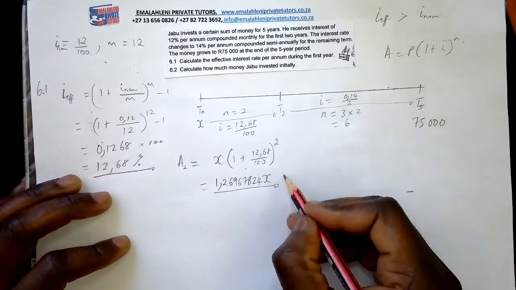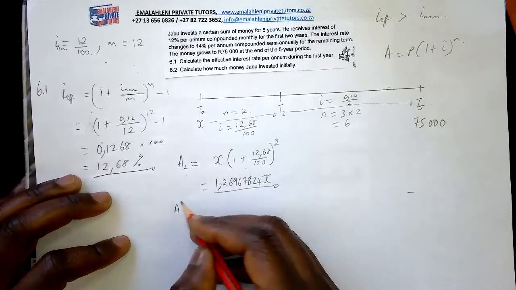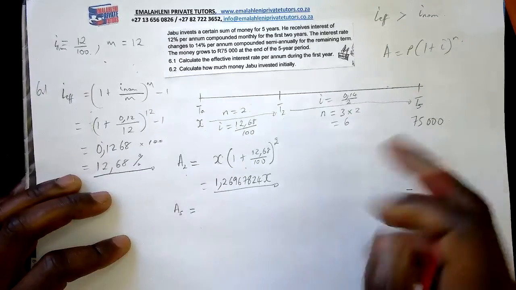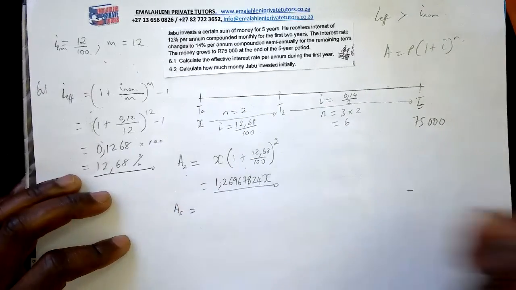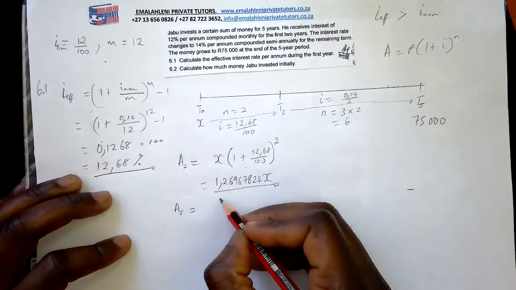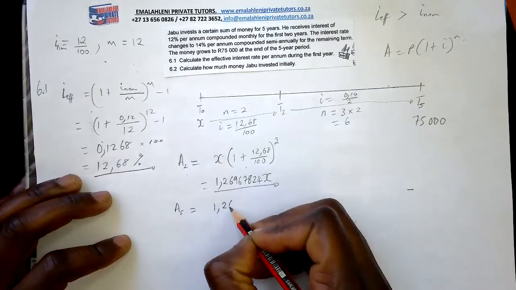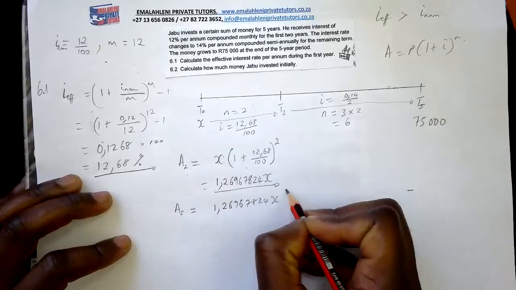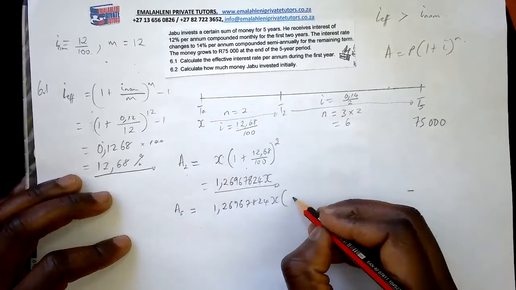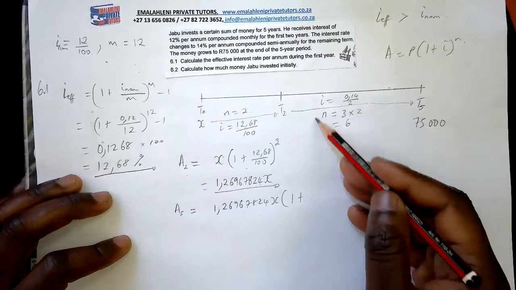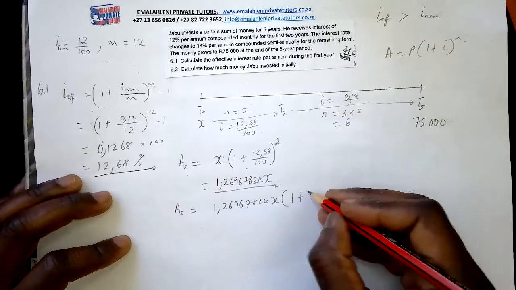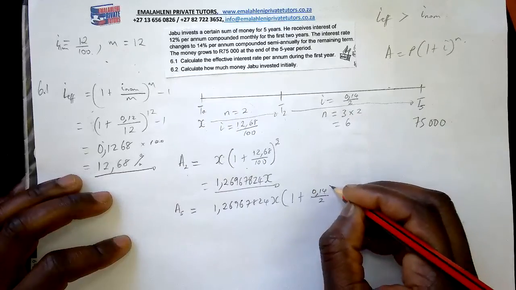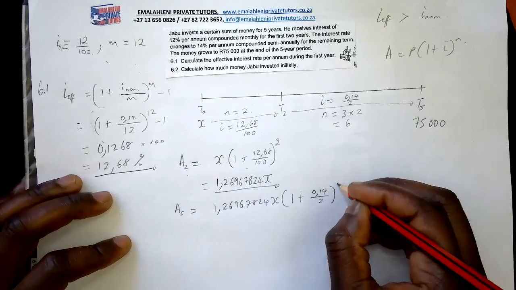When we put our principal here, we are going to say A for all 5 years, which is 75 in this case now, which is 75,000. So let me just put it like this: 1,269,67824X in a bracket, 1 plus, we are now using this for the remaining 3 years, 1 plus 0,14 over 2 in a bracket, the power of 6.